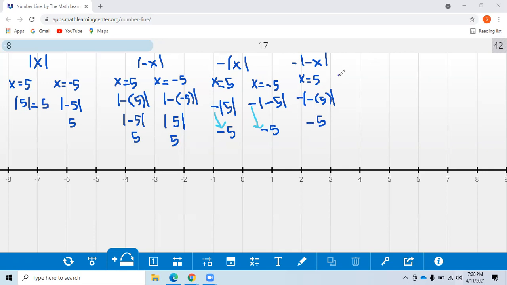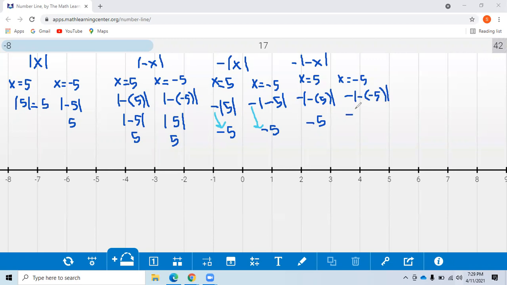And if x is equal to negative 5, we have the opposite of the absolute value of the opposite of negative 5. We need to simplify what's inside our absolute value symbol first.